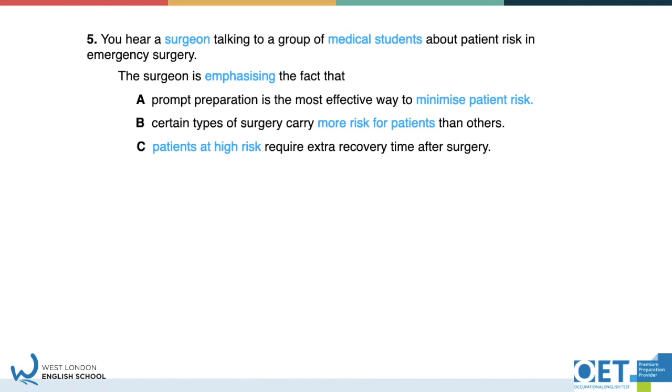But we've got to think about, well, what is he saying about risk? So in A, it's about minimizing risk. In B, it's about surgery that carries risk. And in C, it's the patients which are at high risk, and those patients require extra recovery time.